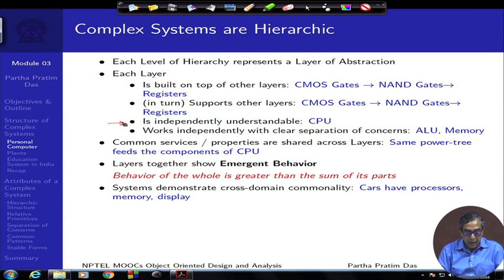They work independently with what we call a clear separation of concerns. That is, when I look into the functioning of an ALU, I just assume that there is a memory to which I can send data and keep it as long as I want. But I do not really need to know how the DRAMs and the flip flops in the memory really work to make that happen.